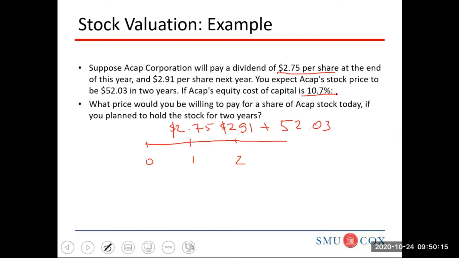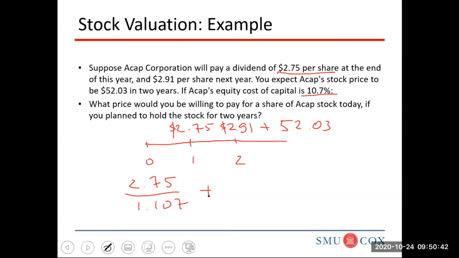So we can't really use this kind of payment calculation. Let me go back to the basics and suggest this traditional calculation. So it would be 2.75 discounted. For discounting, we just divide by 1.107. So this would be the present value of the first dividend payment.